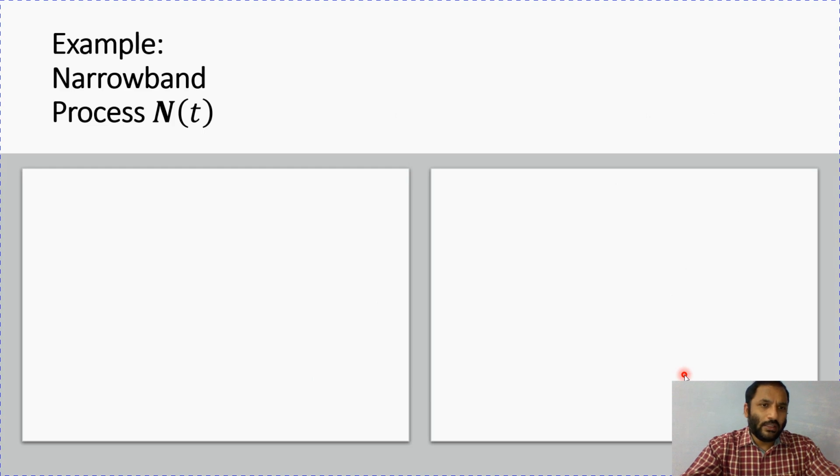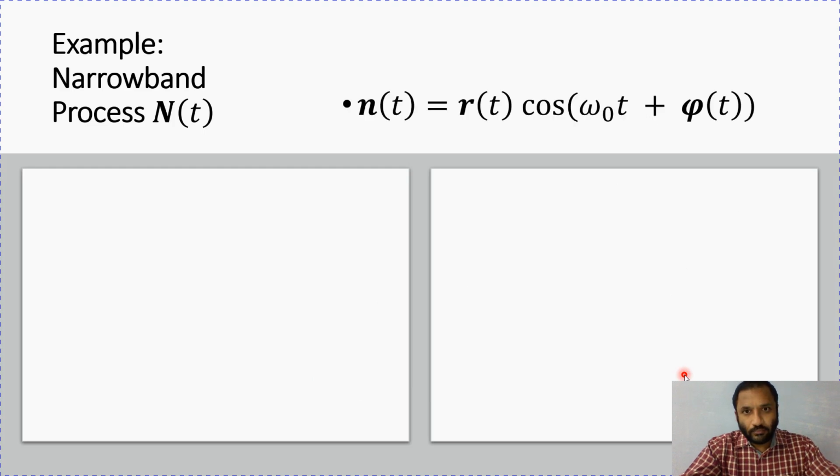Now, what is a narrow band process? Let us consider the definition of a narrow band process. It is a band limited signal. That means its frequencies are clustered in a band of frequency capital W radians per second, and outside this band of frequencies the power density is completely 0.